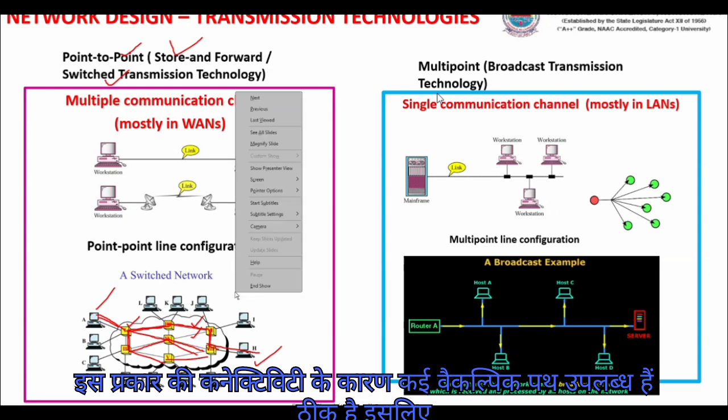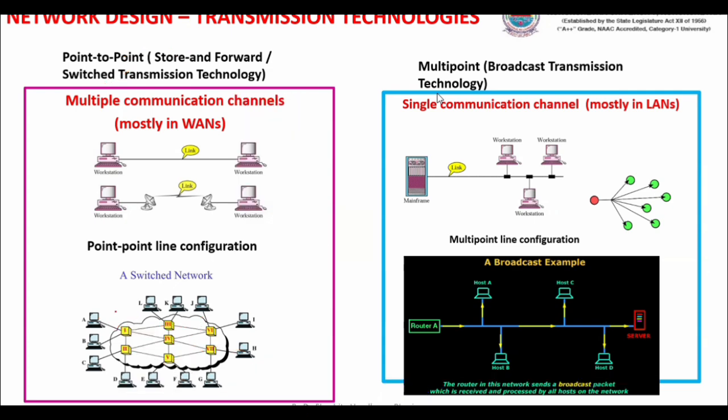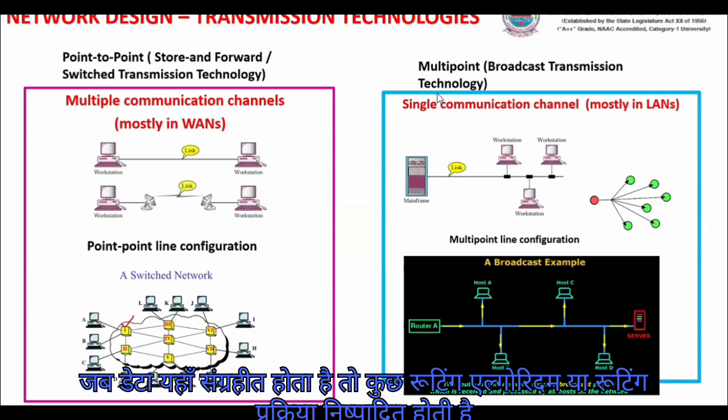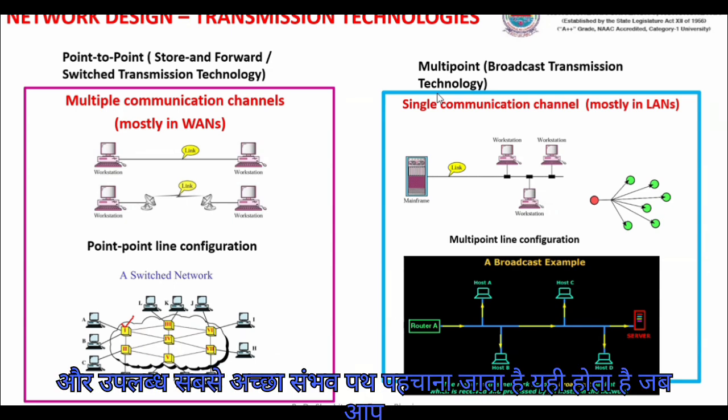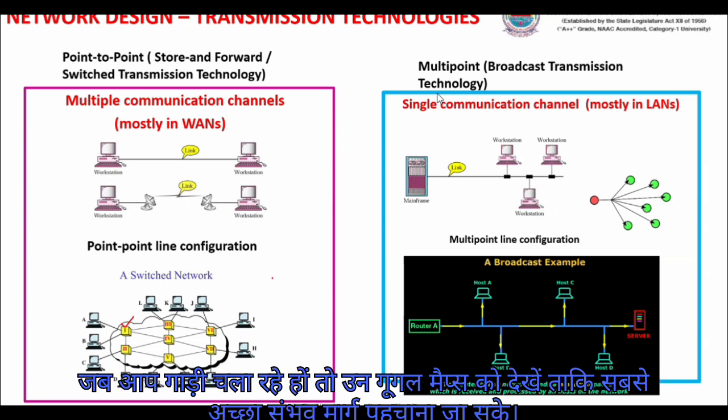Because of this connectivity, a number of alternative paths are available. So when the data is stored over here, some routing algorithm or routing process executes and the best possible path which is available is identified.